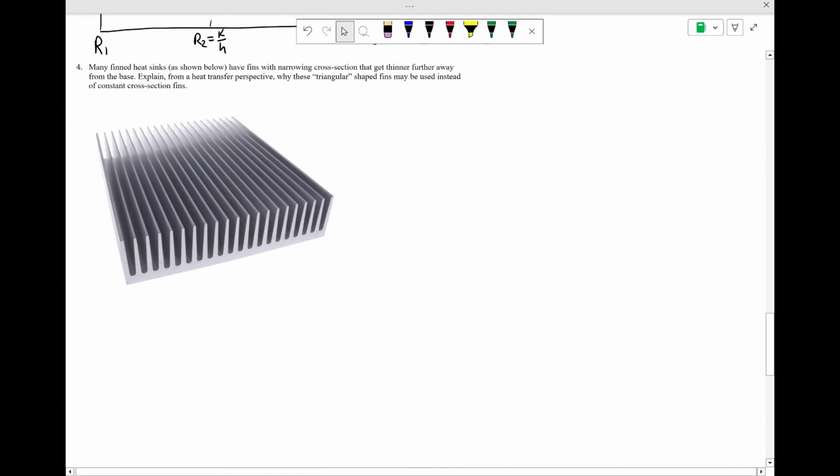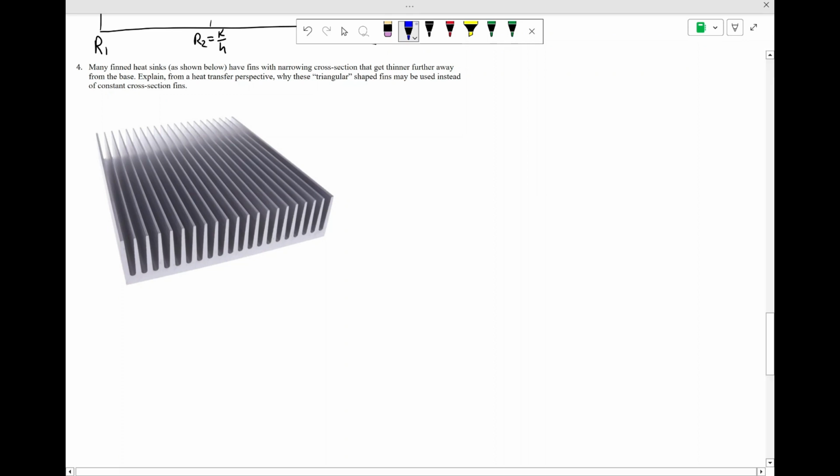So next up, we've got this interesting conceptual question, which is asking why when you look at many heat sinks, the fin profile is actually triangular rather than squared off. So the question is, why would you do that? Why would you make this thinner as you get further away from the base rather than have a constant cross-section?